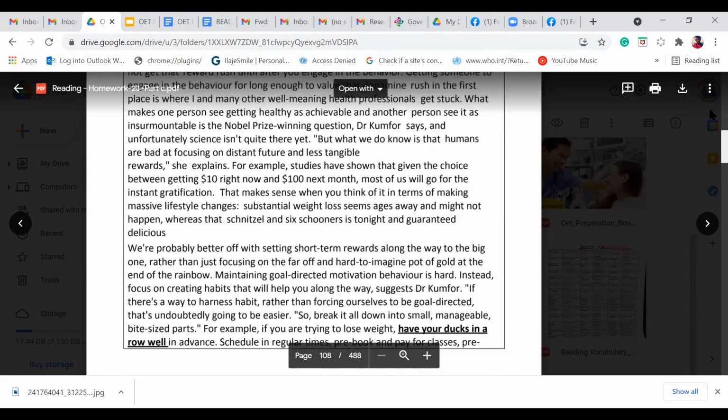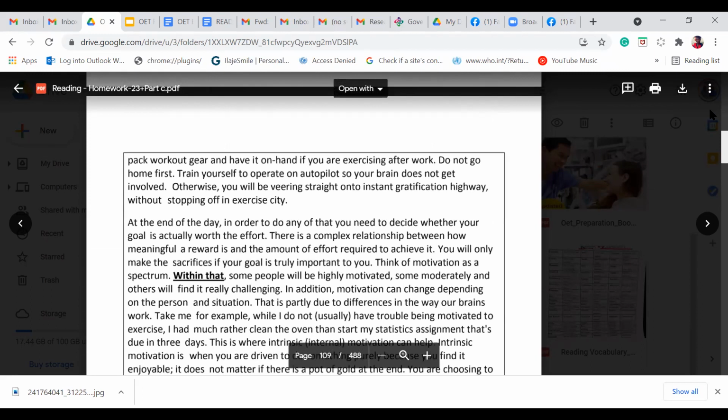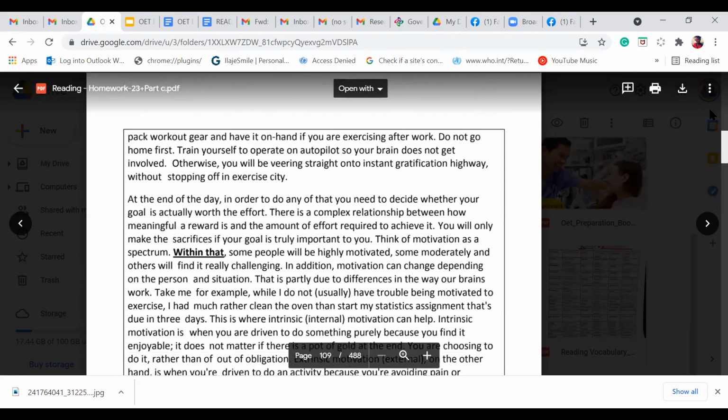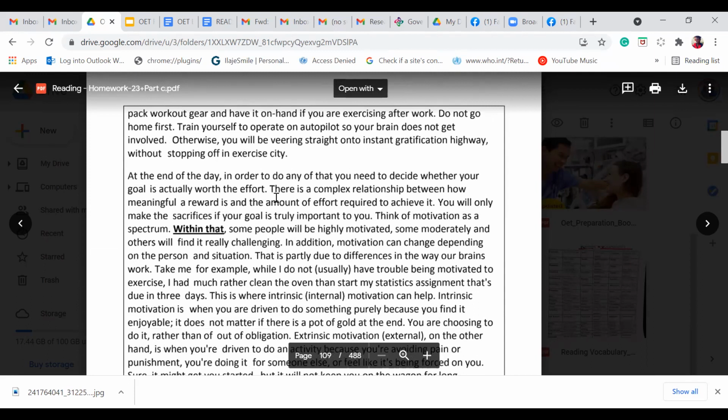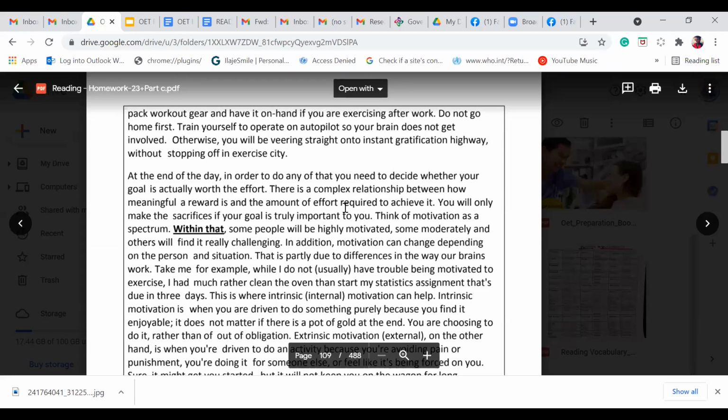Okay, we look at it in this sense. At the end of the day, in order to do any of that, you need to decide whether your goal is actually worth the effort. So if you read through the text, let's see where we can get the answer. There's a complex relationship between how meaningful your reward is and the amount of effort.